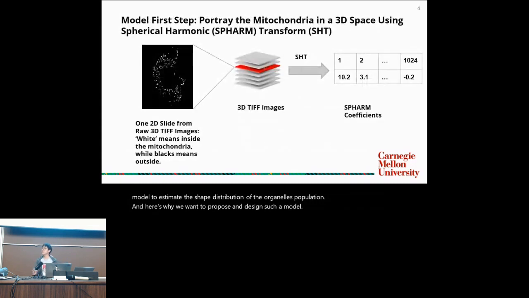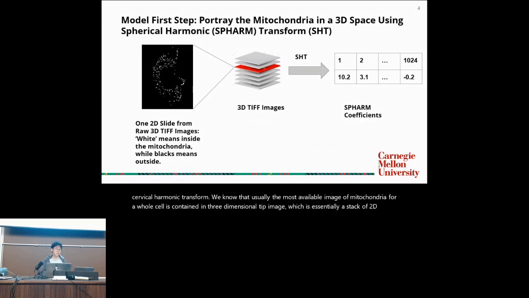So the first step of our model is to portray the mitochondria in a three-dimensional space using spherical harmonic transform. We know that the most available image of mitochondria for a whole cell is contained in the three-dimensional TIFF image, which is essentially a stack of 2D slices.